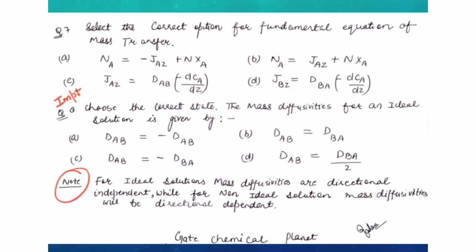And option C is Jaz equals minus DAB dCA upon dz, and JBz equals minus DBA dCB by dz. So how will we choose the correct option? Just see this equation and this equation.